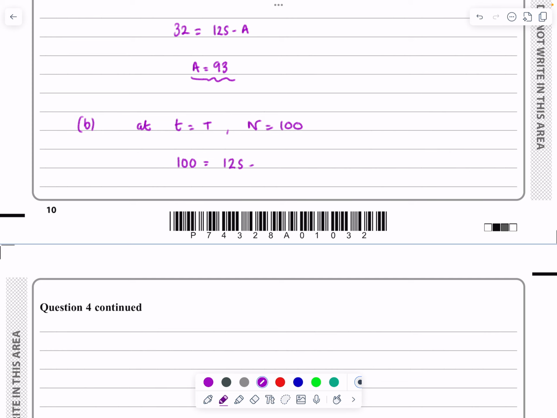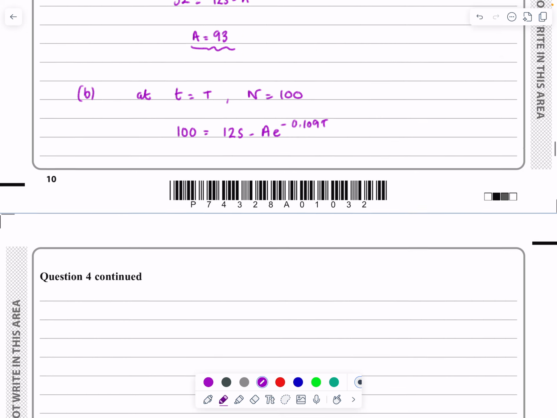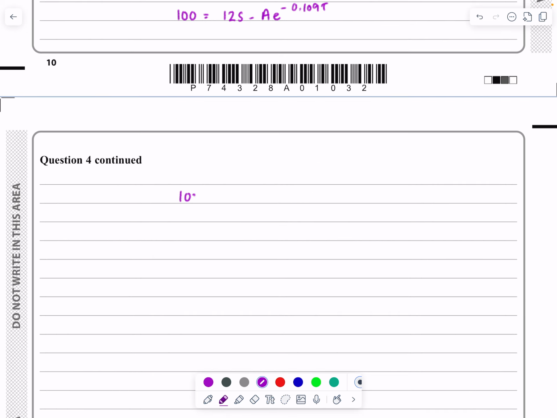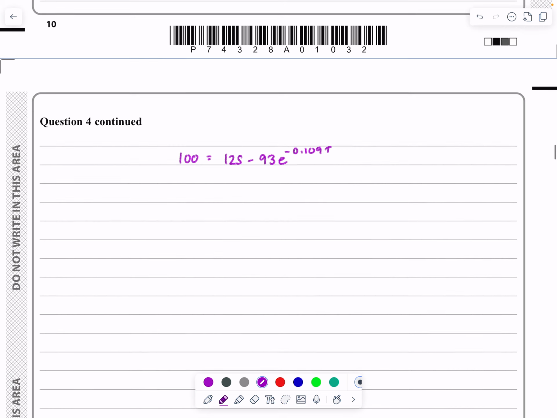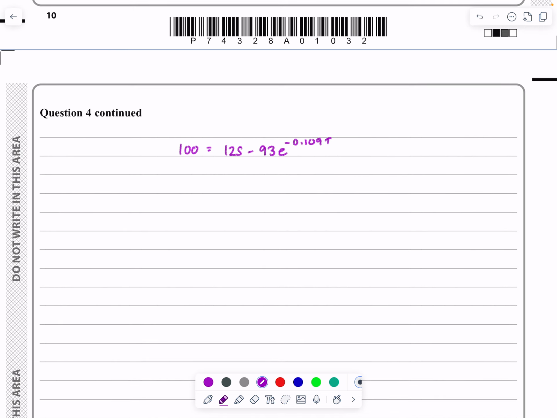So 100 is equal to 125 minus A e to the minus 0.109t, but as I say, we know what A is, so 100 is equal to 125 minus 93 e to the minus 0.109t. So absolutely standard, not surprised that we're expected to now rearrange this to get t equals.